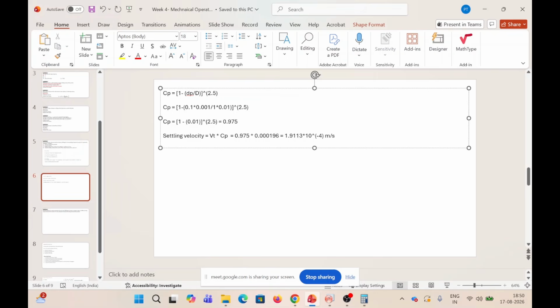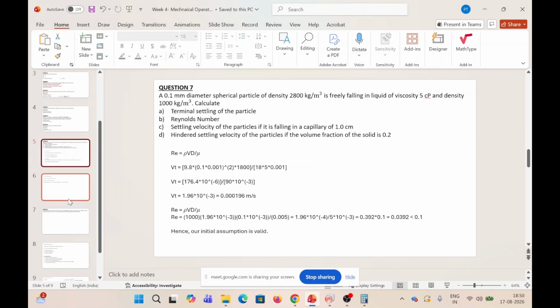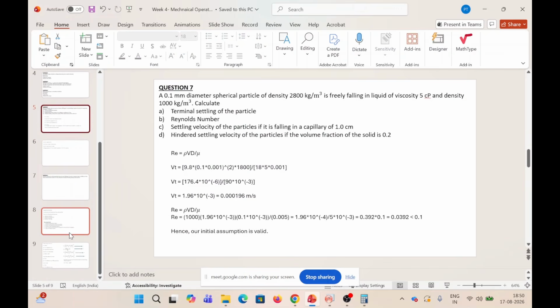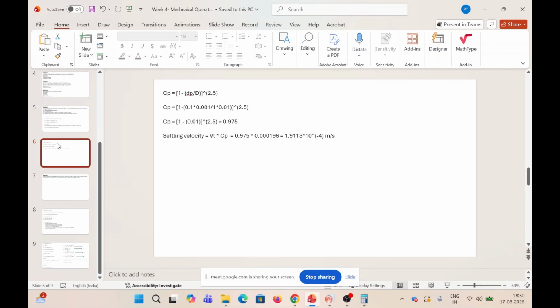Now we need to calculate the hindered settling velocity if the volume fraction in that cylinder is going to be 0.2. So now you need to multiply the equation with that factor Fs.